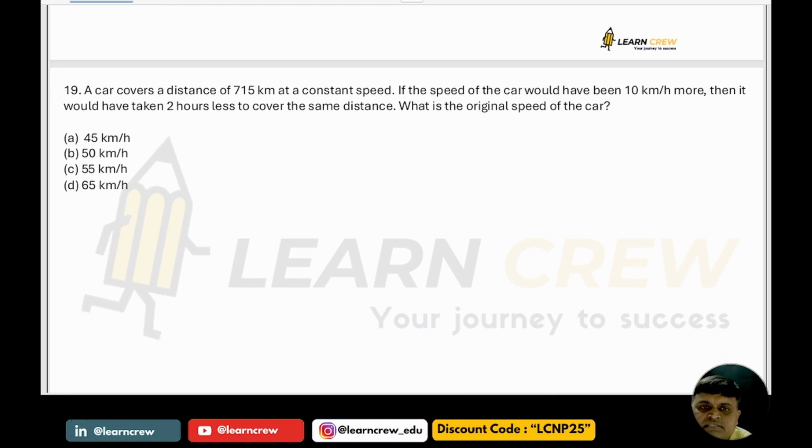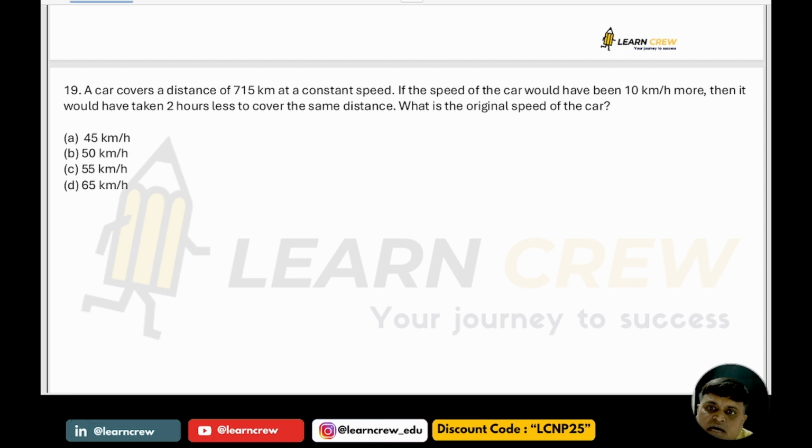A car covers a distance of 715 kilometers at a constant speed. If the speed of the car would have been 10 kilometers per hour more, then it would have taken 2 hours less to cover the same distance.